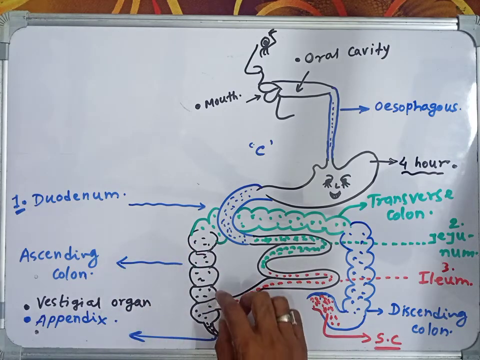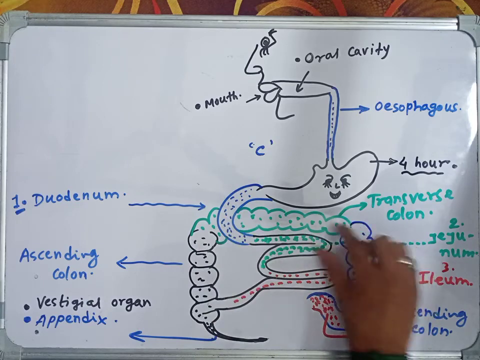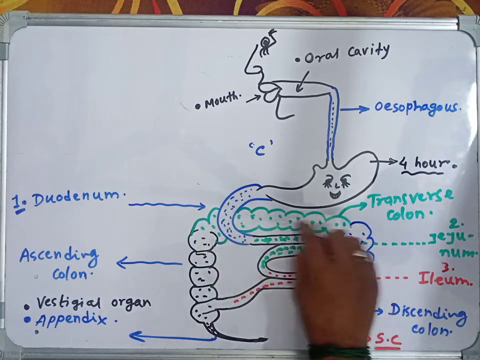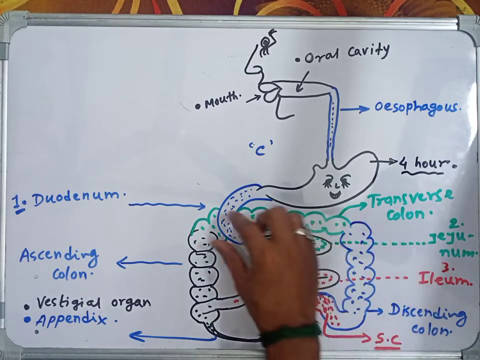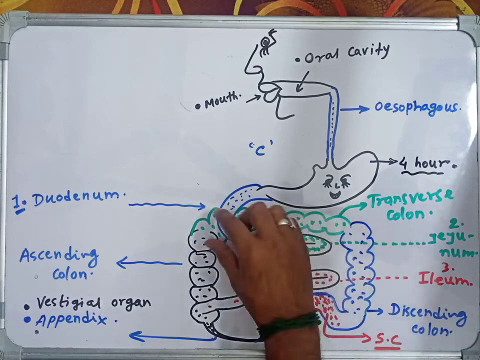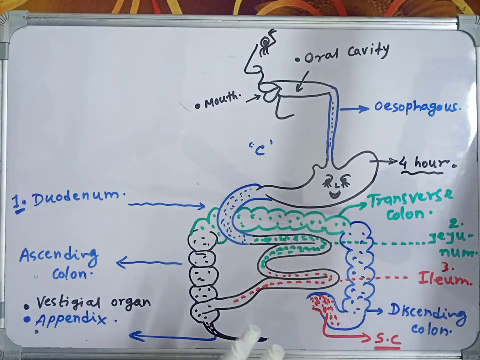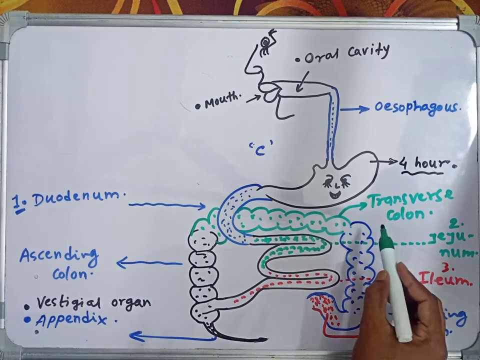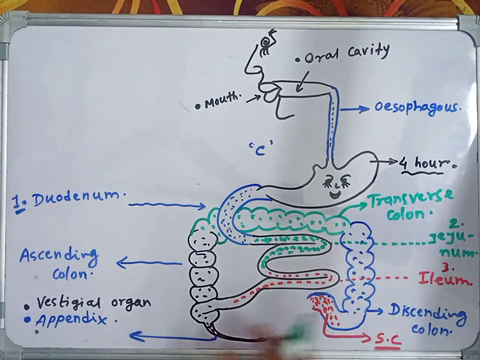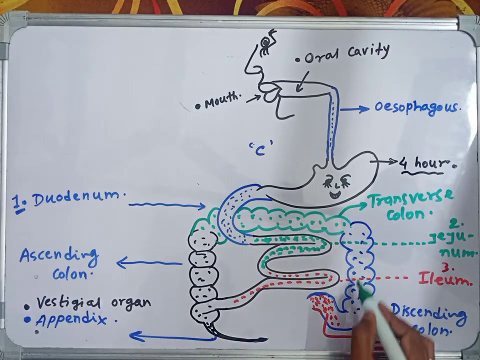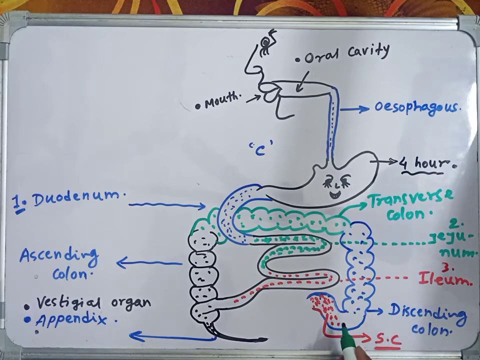After that, this ascending colon goes transversely below the stomach, and this transverse part of our large intestine is simply called the transverse colon. And after the transverse colon there is the descending colon, and the descending colon again turns back above, and this part is called the sigmoid colon.